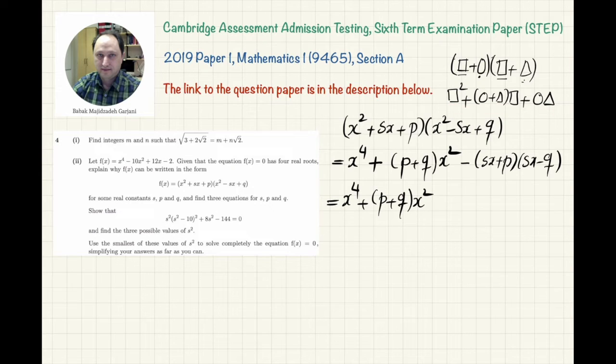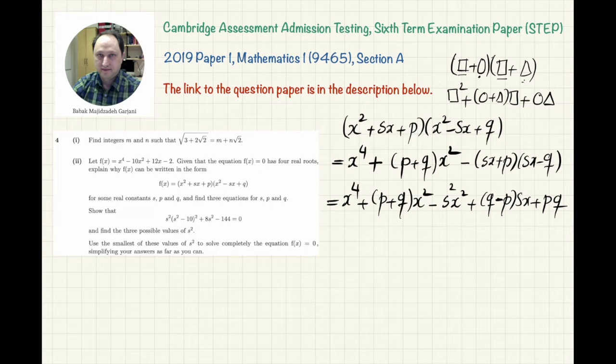Of course, it doesn't matter. You can just multiply them term by term and then combine them at the end. That's up to you. So it becomes minus s squared x squared. Then I will have plus (q minus p) sx, and finally p times q.